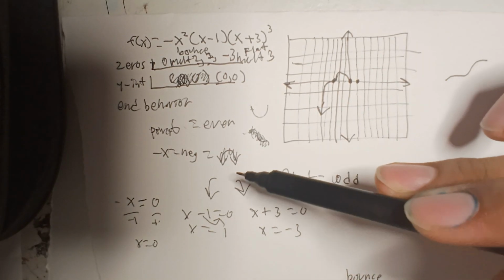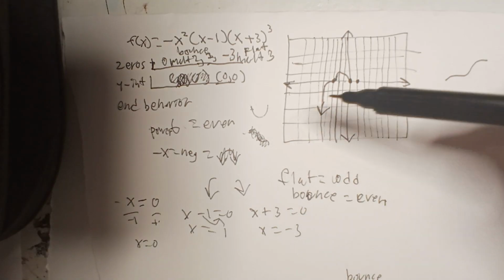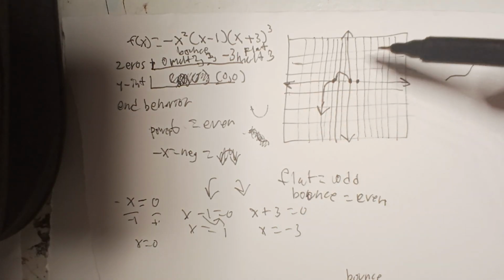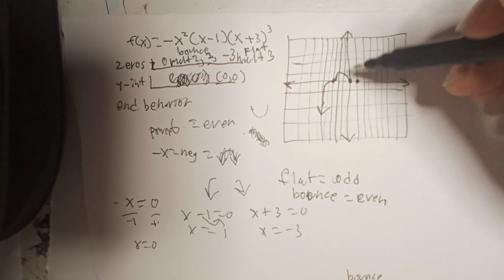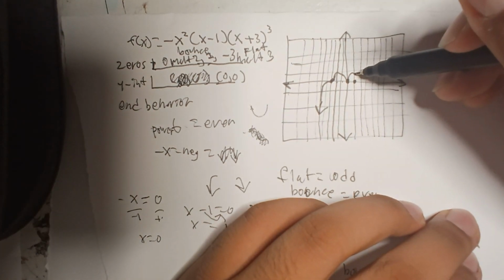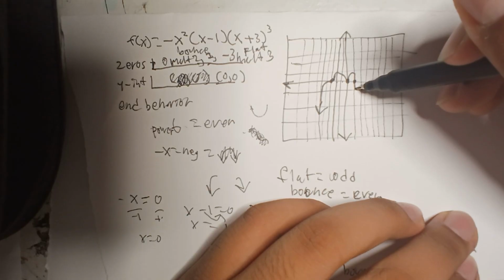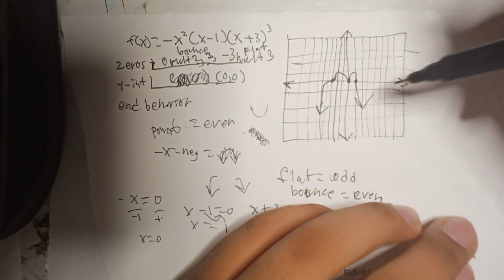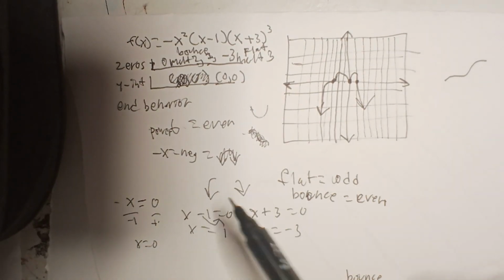So since it bounces, it's going to go like that, and it's going to go down through 1, and point that way. And guess what? It matches our end behavior.